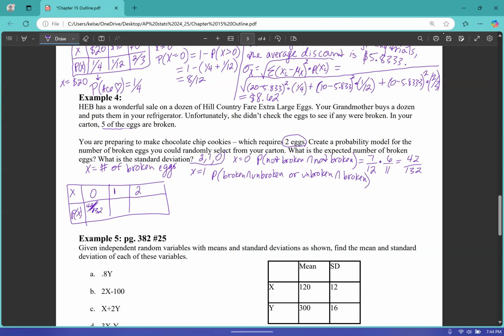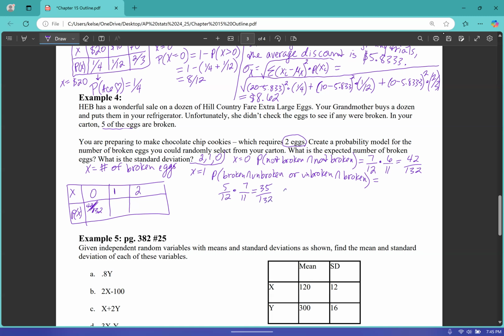So let's say we do the broken one first. Well, we have 5 out of 12 for the first broken one. And then, since we've taken one out, it's 11, but we didn't pick an unbroken one, so there's still 7 of those. You multiply that and you'll get 35 over 132.